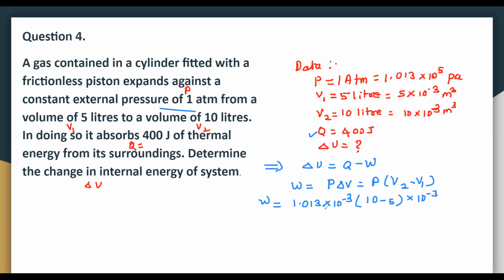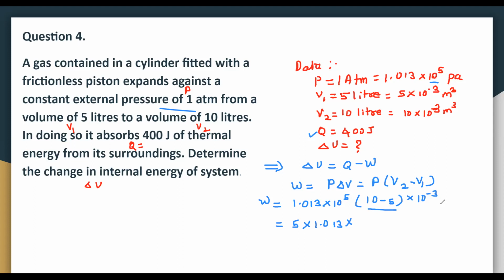Then as you can see, this is just simple multiplication. 10 minus 5 is 5. So 5 into 1.013 into 10 raised to 5 into 10 raised to minus 3.